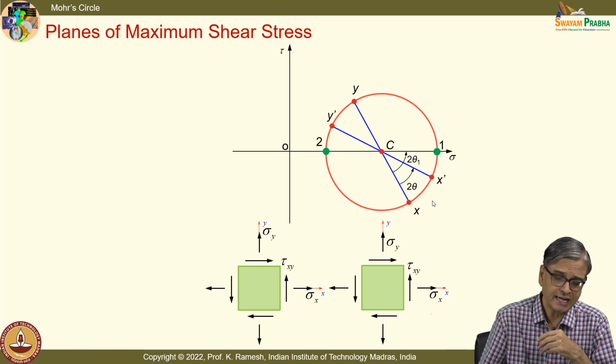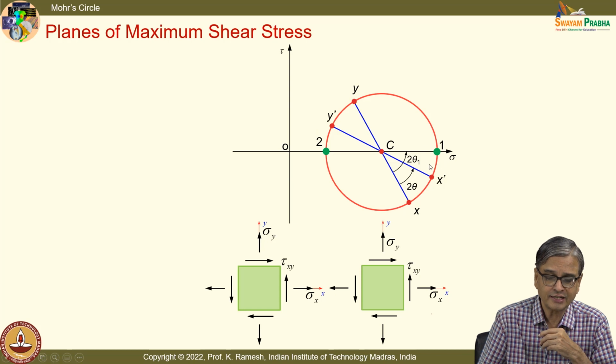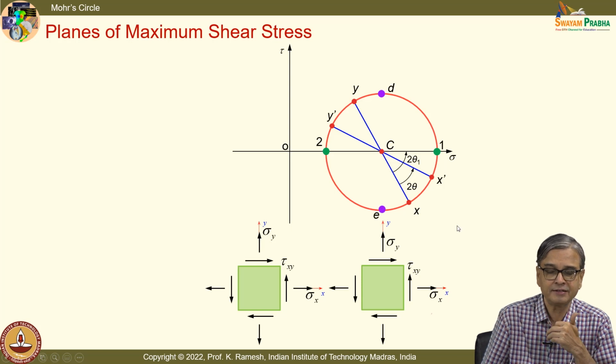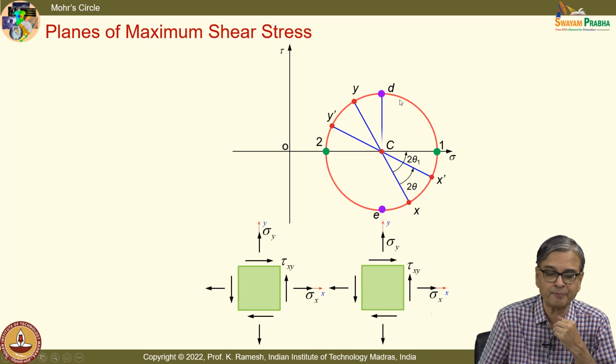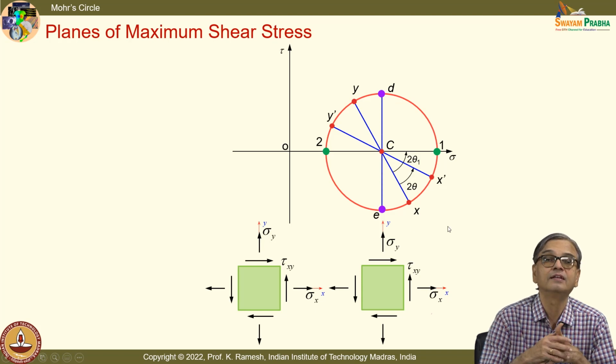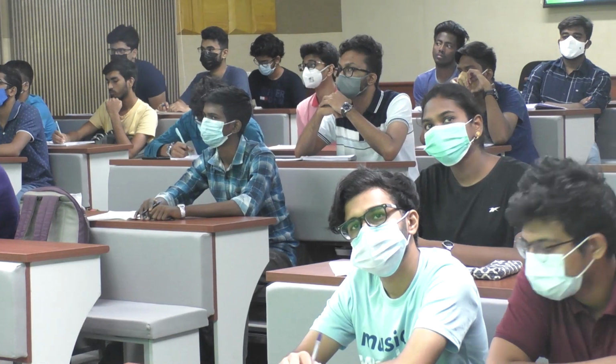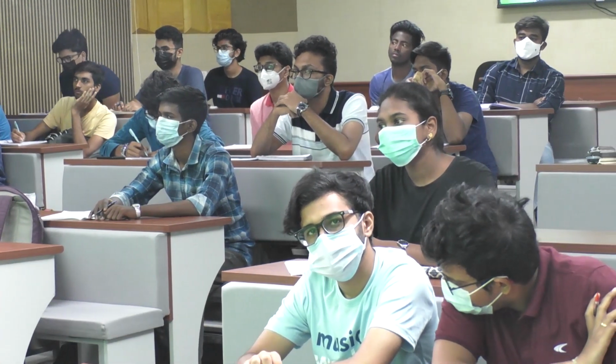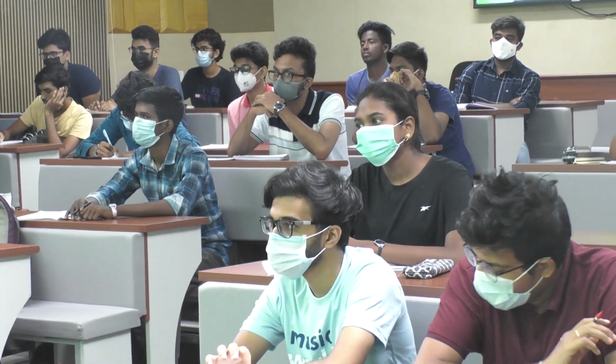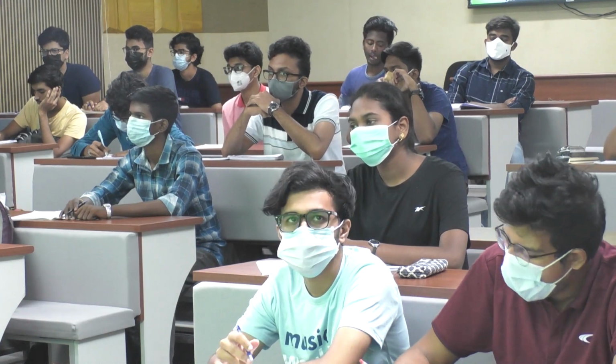See, I said I deliberately took a diagram such that the principal stresses are both positive away from this axis, so that the diagrams are much clearer to you. And we have also made a statement that you have maximum shear stress occurring at points D and E. See, when you say mathematically something is maximum, you should also look at whether it is a local maximum or a global maximum.